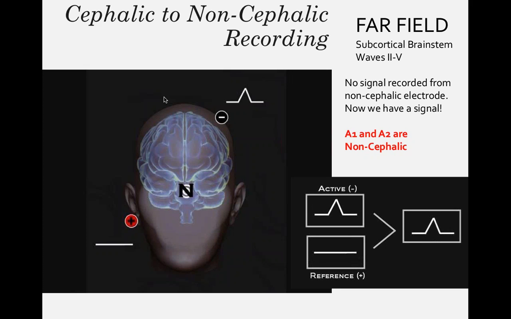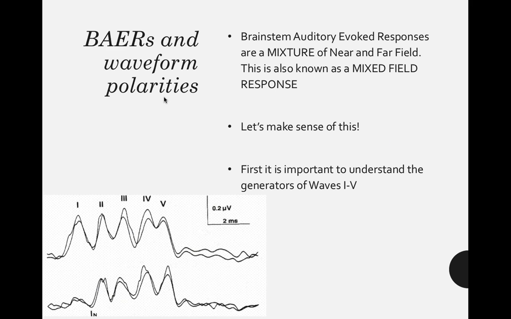So every single one of our channels is going to be a non-cephalic electrode, non-cephalic being the active electrode, and then our cephalic electrode is our reference. Non-cephalic is negative, cephalic is positive. And what this is going to do is create our waveforms that are all vertex positive, meaning every one of these waveforms is going in the same direction.